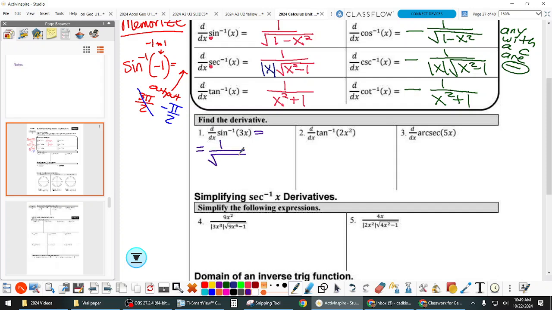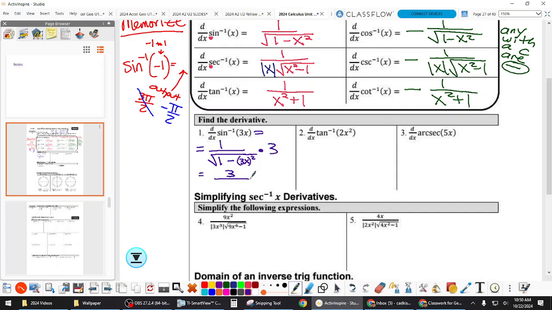So subtract and square root. This one is 1 minus x squared. But what do we plug in for x? 3x. So you could write it out if you want. Let's just write 3x squared. And then multiplied by this. So chain rule, multiply by the derivative of the inside, which is just 3.